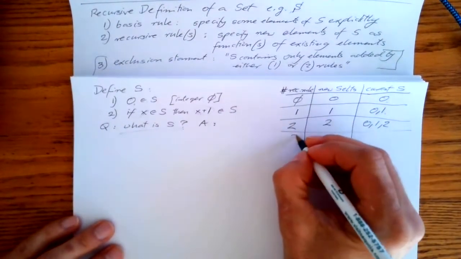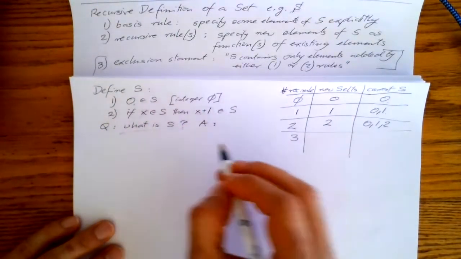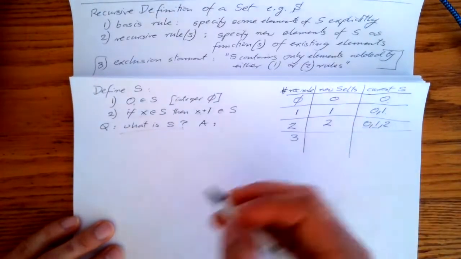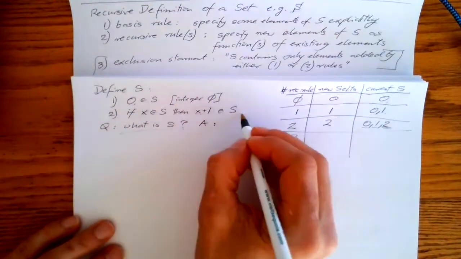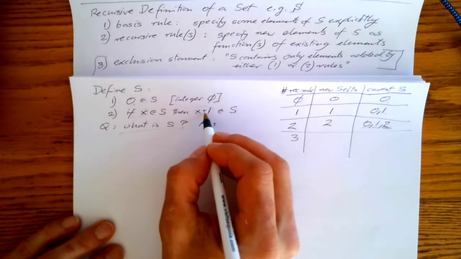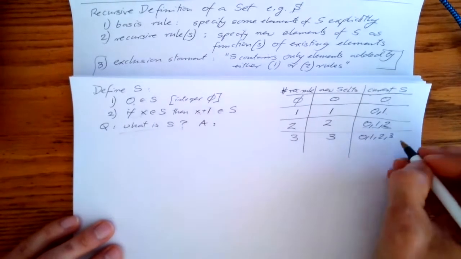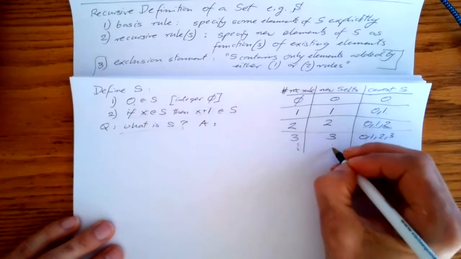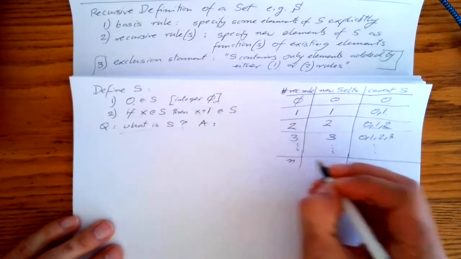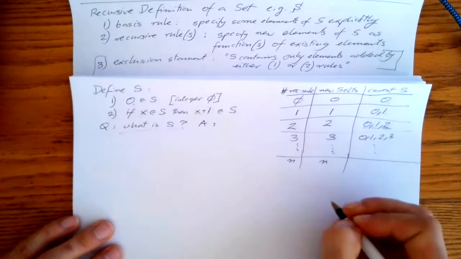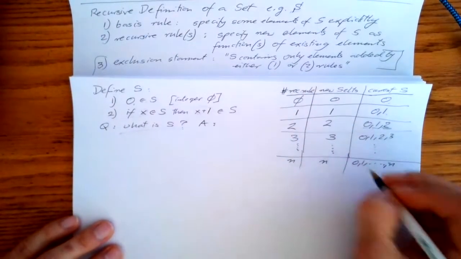And clearly, I recurse, right? So the third time I apply the recursive rule, again, these guys will give me nothing more, nothing interesting. But if I instantiate X as 2, then this rule says that if 2 is in S, then so is 3. So I must add 3. So therefore, the set is like this. And if you go on, then at step N, what you are adding is N. And so the set is going to look like this.